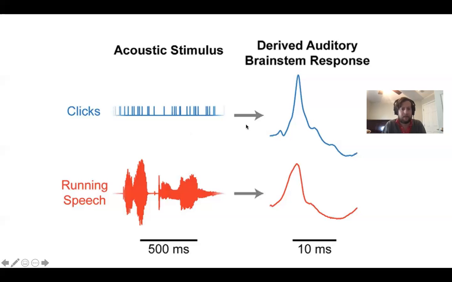Clinically, this has been used a lot to diagnose various types of neurological conditions. Generally, people that have neurological conditions will have delayed latencies. A person who does not have a neurological impairment, their latencies will be relatively quick. They'll hear a click, and then 2 or maybe 3 milliseconds later, they'll have this peak in their brainstem response.